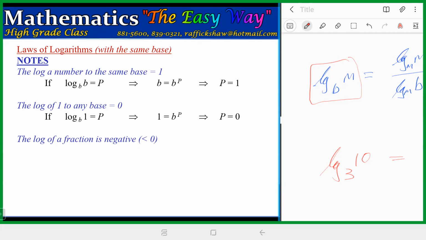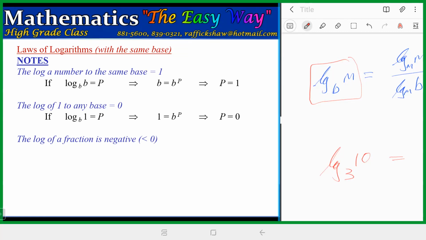Pure math students must know that; they will get questions that test your knowledge of that. If you use a calculator and try log of any fraction value, log of 0.5, 0.8, 0.99999, once you don't reach 1, and you can put any base you want, it's going to come out to be negative.